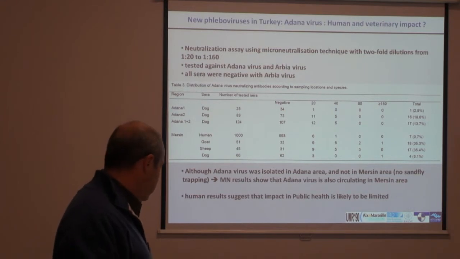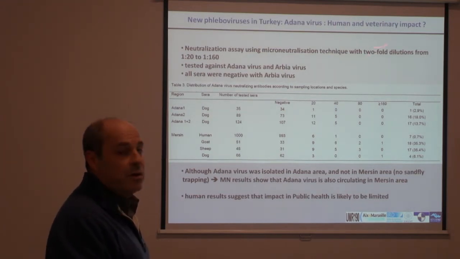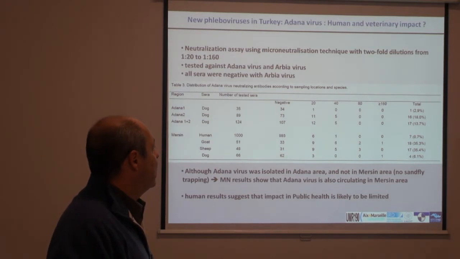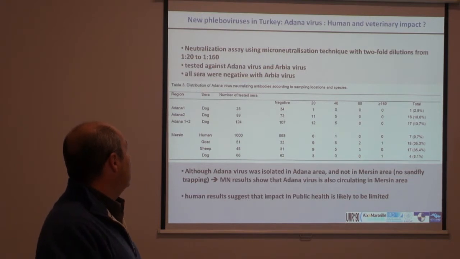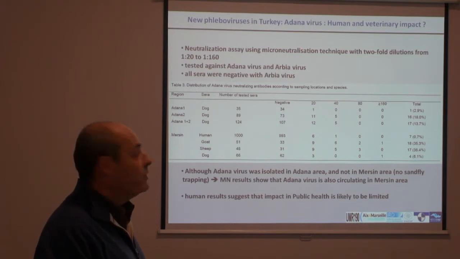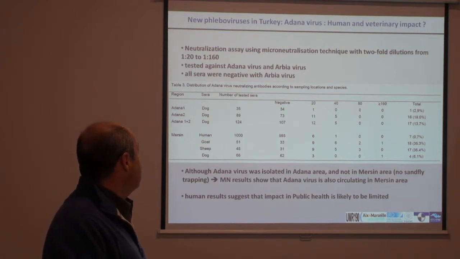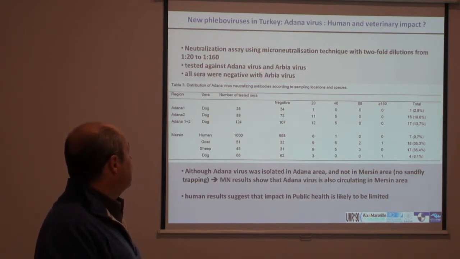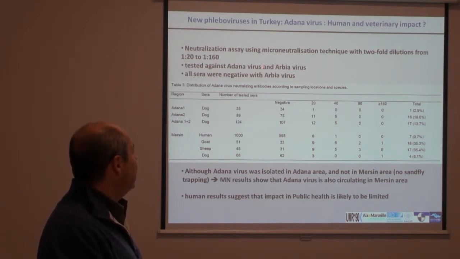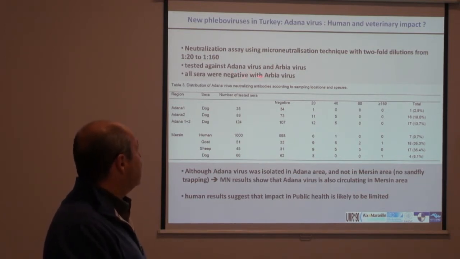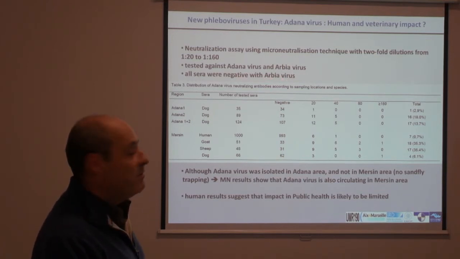So the next thing was to address the potential human and veterinary impact of these newly discovered viruses. What we've done is to use neutralization assay by microneutralization technique with twofold dilutions from 1 to 20 to 160. The 1,200 sera were tested against Adana virus, but also against RBR virus, and all the sera were negative when tested against RBR virus.